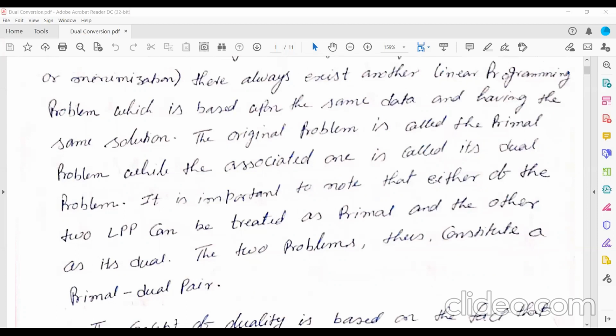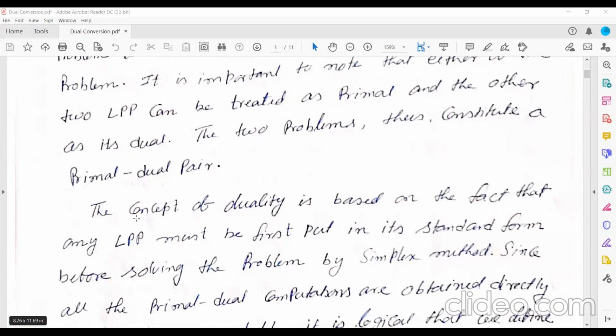And it is important to note that either of the two LPPs can be treated as primal and the other as its dual. Okay, so you can go through all this.